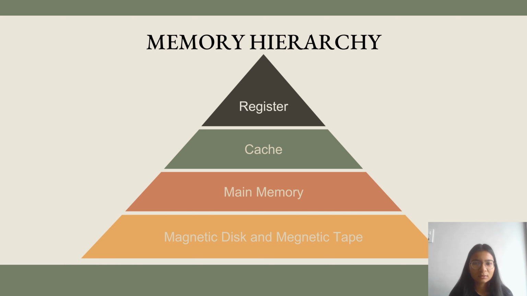Whenever we go toward the top of this chart, the cost is higher, and toward the bottom, the cost is lower. Also, at the top the speed of the memory is very high, and at the bottom the speed of the memory is very low.